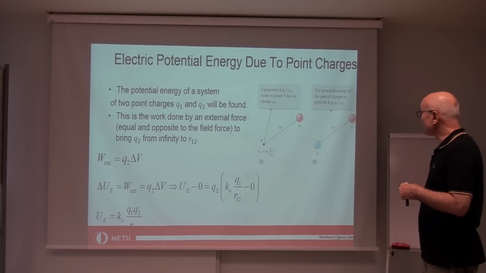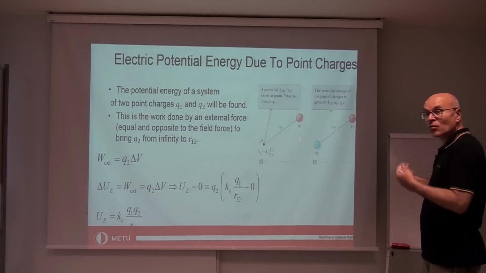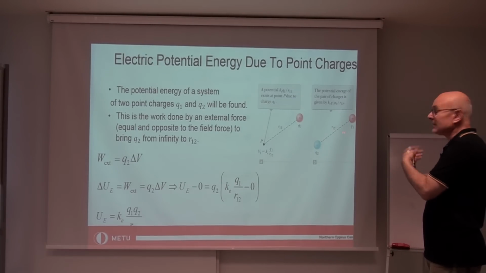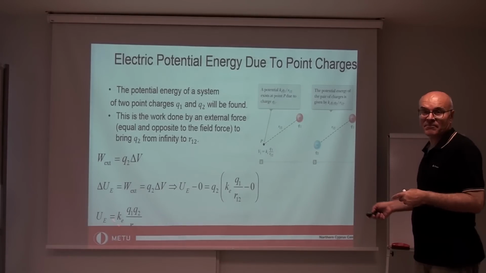Or you can start with Q2 and with Q1 at infinity. Now the source charge becomes Q2, the test charge becomes Q1. You bring Q1 from infinity to this point, the result will be the same.